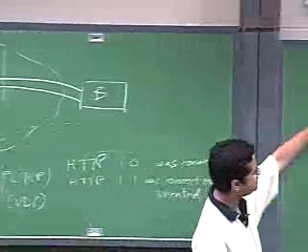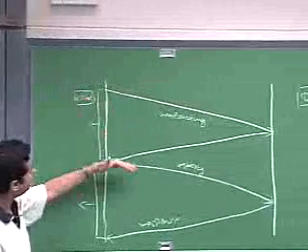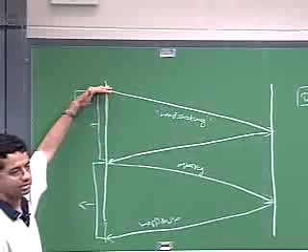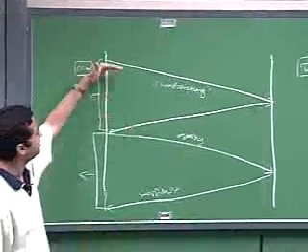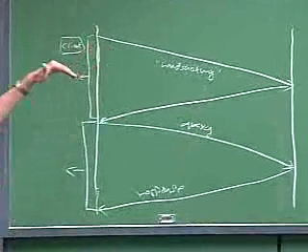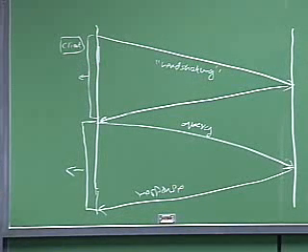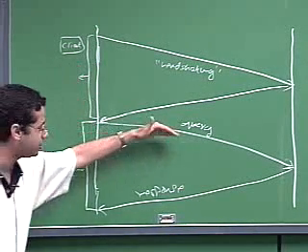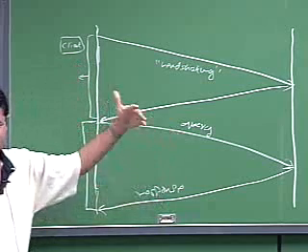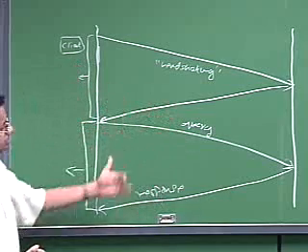So again, in this example, this handshaking overhead is done only once in HTTP 1.1. You establish this connection, and then you send a query, get a response, send another query, get another response.